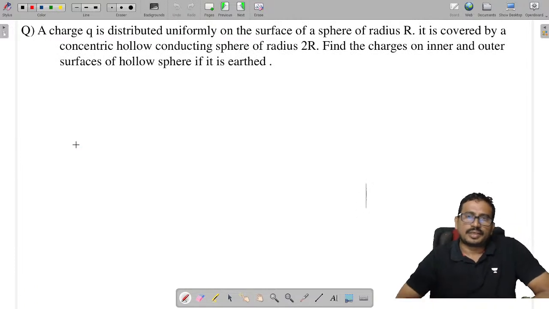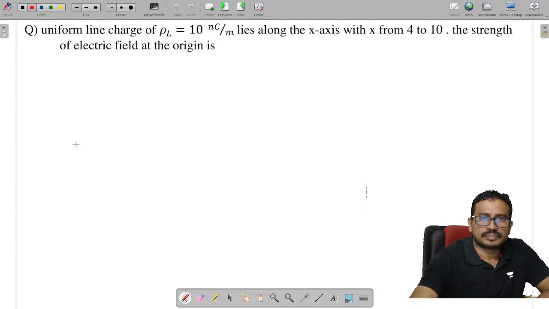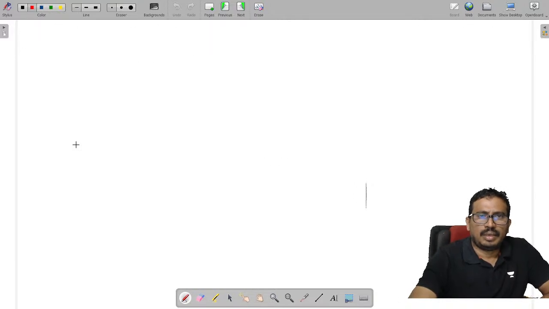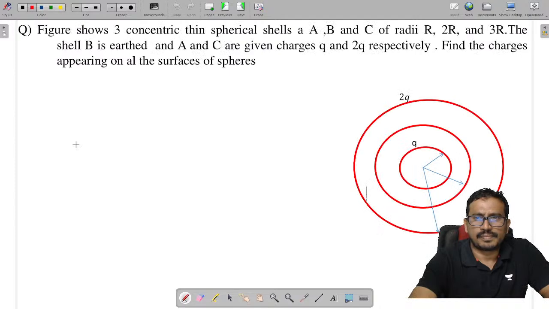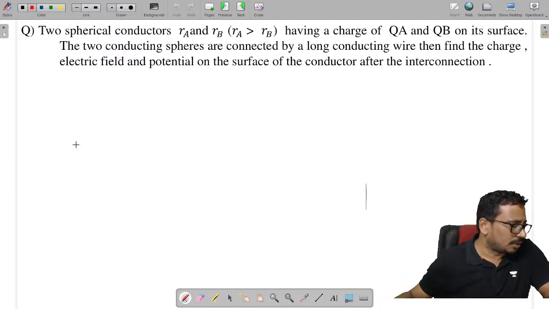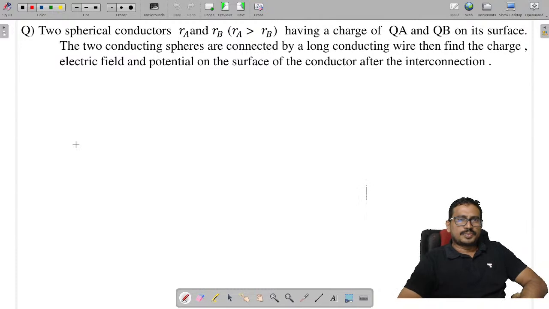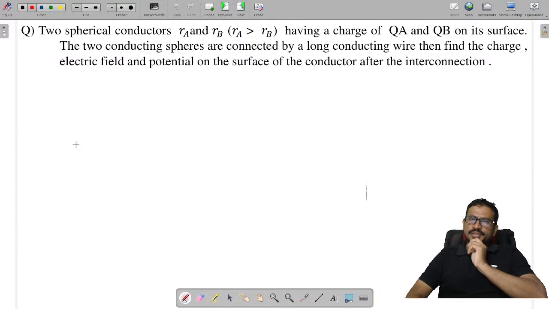Take this problem. Two spherical conductors, with radii RA and RB, where RA is greater than RB, having charges QA and QB on their surfaces.